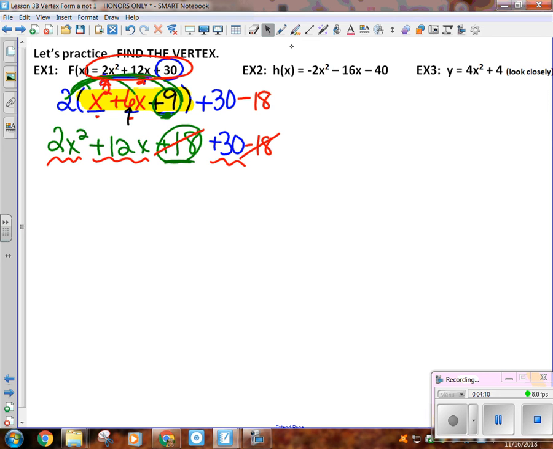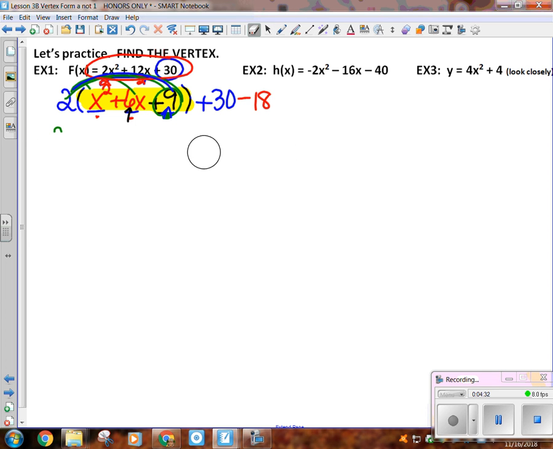Does everybody understand? Pause for just a second. I hope everybody understands. I did add 9 inside the parentheses, but I have to remember it's really 9 times 2, so I really added 18 overall. So I had to subtract 18 overall. That's the adjustment.